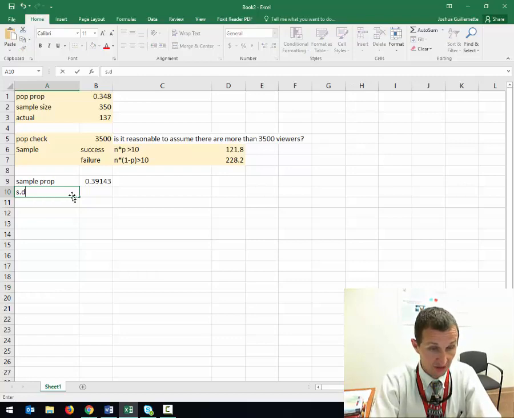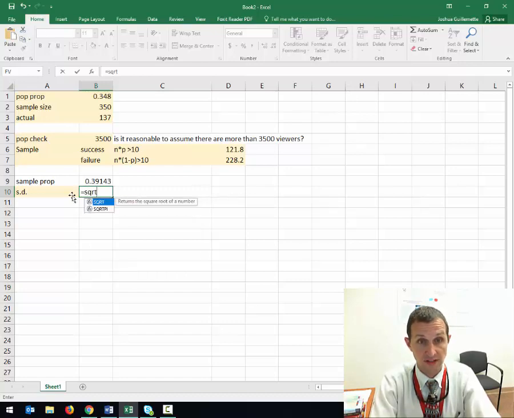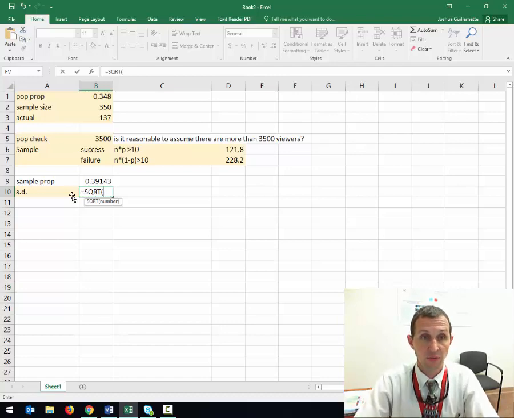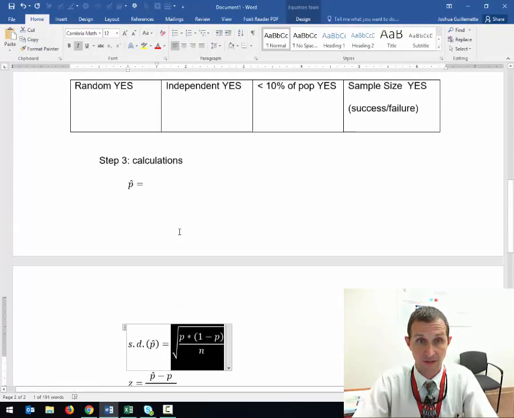So our standard deviation is going to be equal to the square root, you do SQRT, and the open parenthesis sign will put that function in. And then we need the population proportion. Remember, you've got a lot of P's and P hats going around.